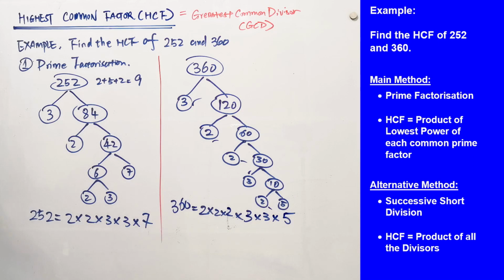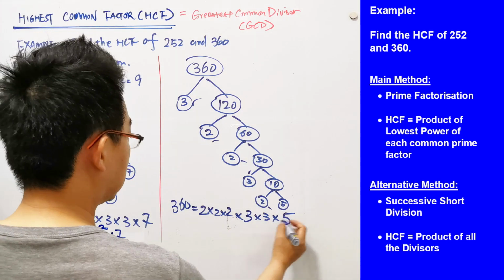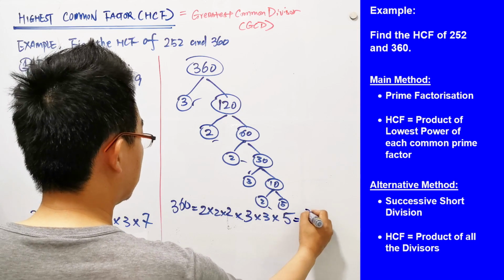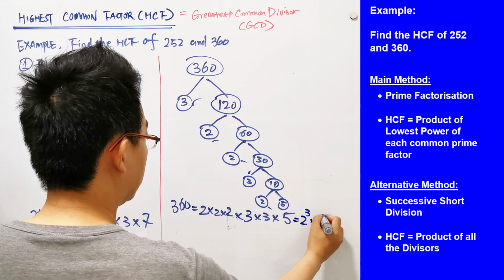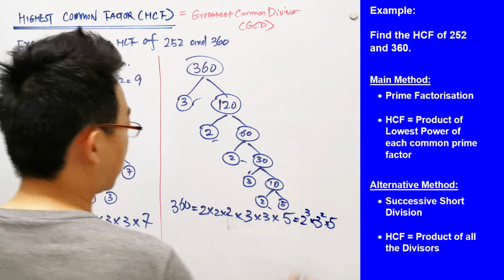That's good. Okay, so in this case, can we move them together? So here's 252 is 2 times 2 times 3 times 3 times 7, and here we get 360 is 2 times 2 times 2 times 3 times 3 times 5.